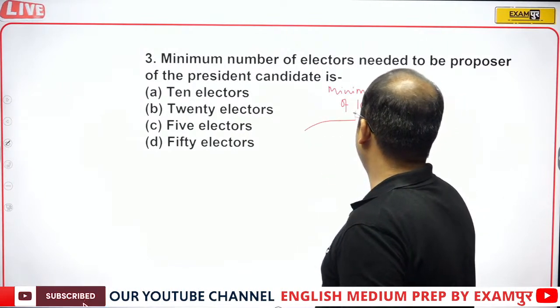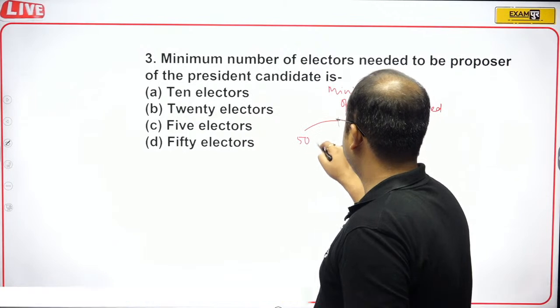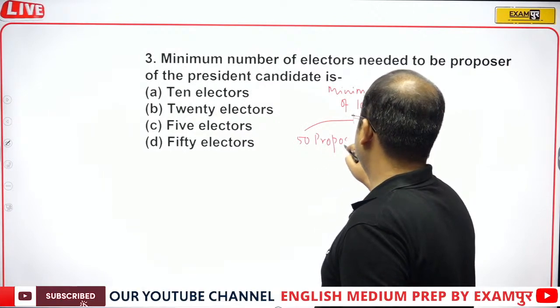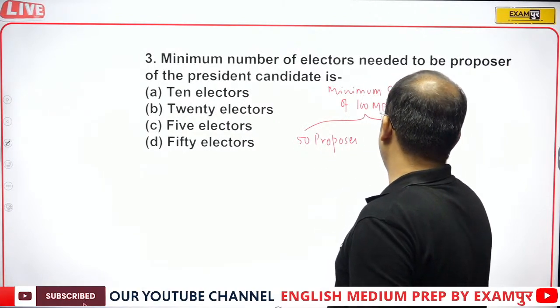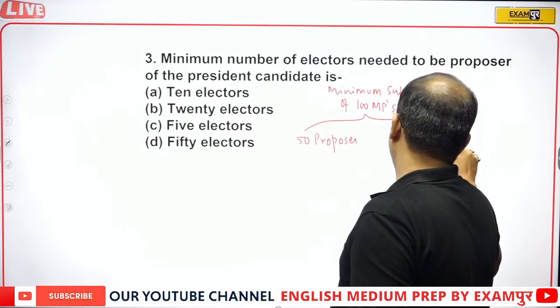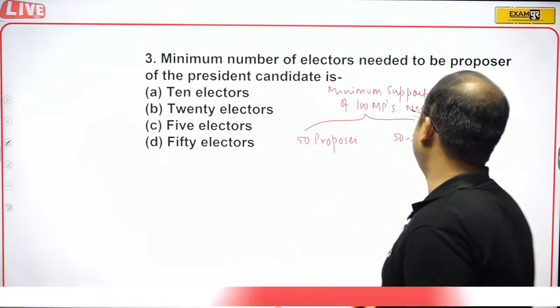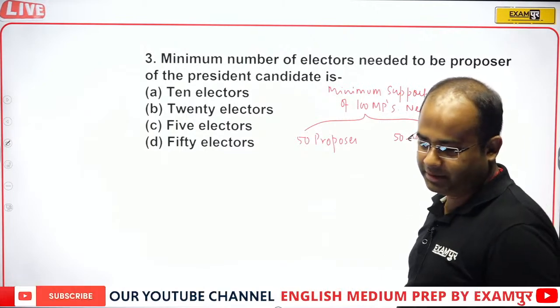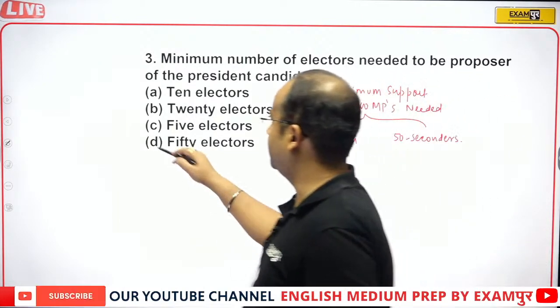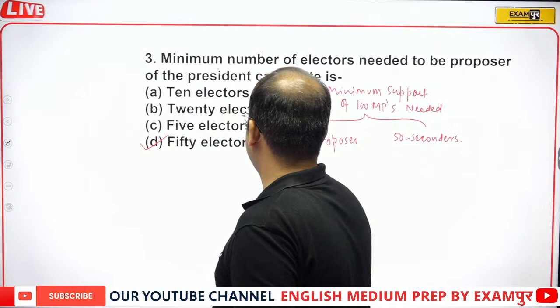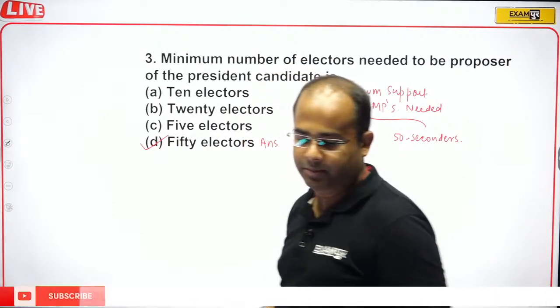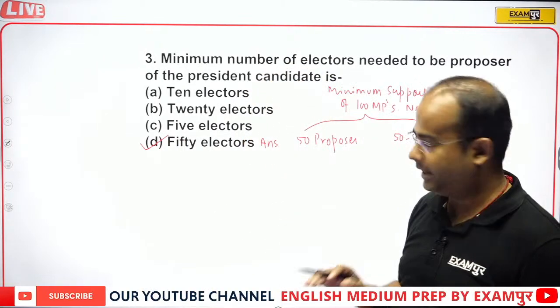Out of this, 50 will be proposers and 50 will be seconders. Minimum 50 will be the proposers and minimum 50 will be the seconders. So, support of 100 MPs is needed, out of which 50 will be proposers and 50 will be seconders.